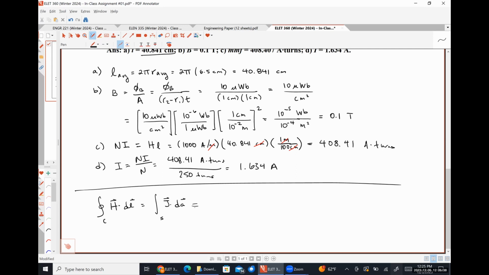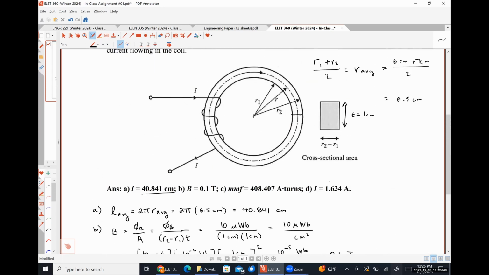J dot dA, or the integral of J dot dA, is just the total current enclosed by our contour, which is going to be for a solenoidal, excuse me, for a toroidal coil like this, right? So let me draw this in purple here. This line right here that I'm putting in purple is our contour of choice.